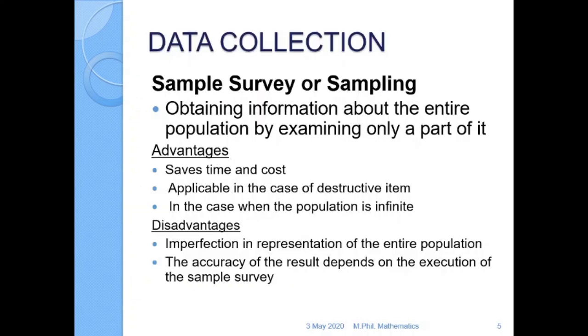So sample survey or sampling is the method of collecting data from a finite subset of the population called the sample. It saves time and cost, and it is the only possible case in the case of destructive items and when the population is infinite.